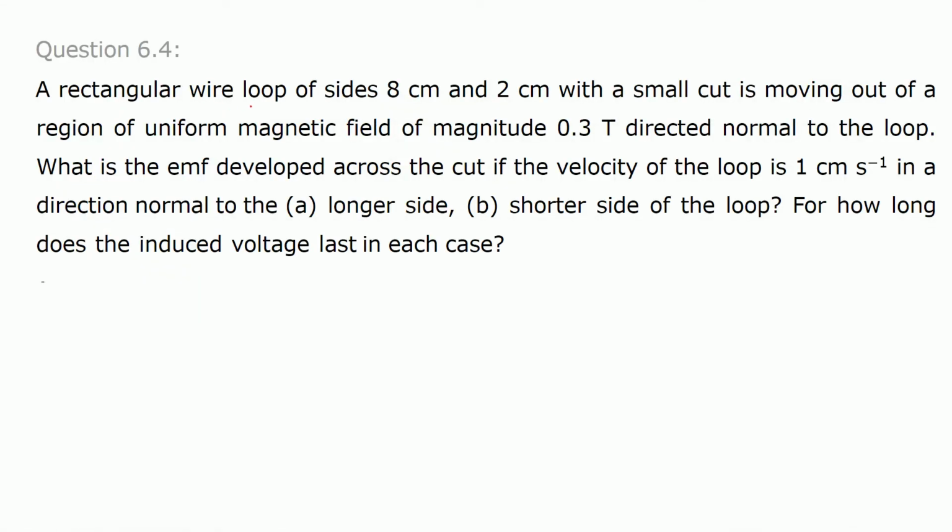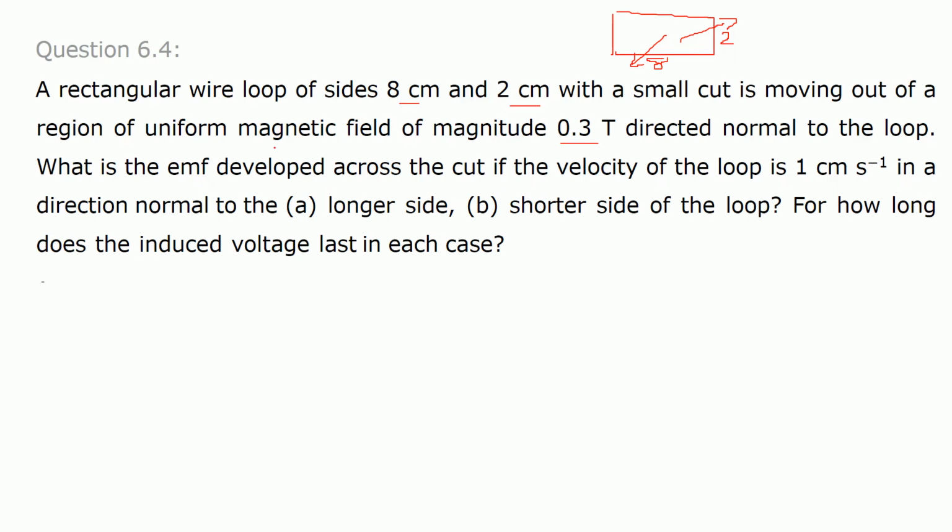This is a rectangular wire loop. 8 is this side, 2 is this side. So a wire loop of sides 8 cm and 2 cm with a small cut is moving out of a region of uniform magnetic field of magnitude 0.3 tesla, which is directed normal to the loop. So you can say it is coming outside or it is going inside.